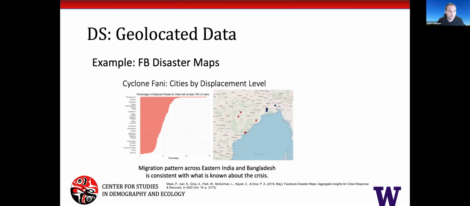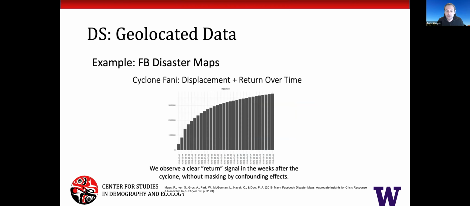And the Facebook population largely did correlate with what the administration was finding, so the core cities of movement, as well as the return migration. So very cool data source, pretty fast. And for NGOs and other groups that don't have the money to do this on their own, this provides a lot of cool resources.